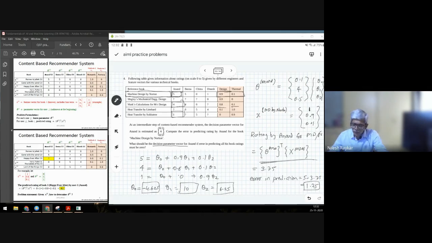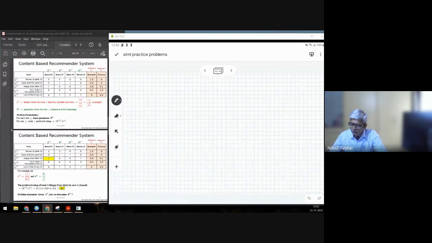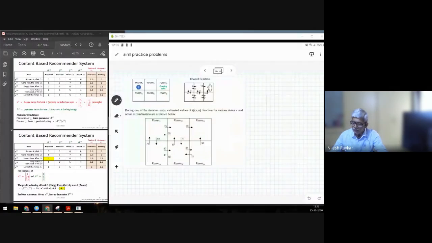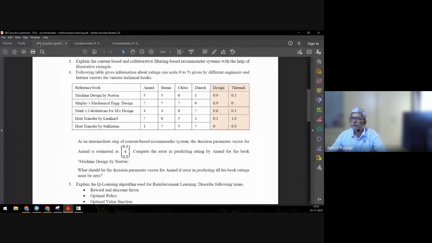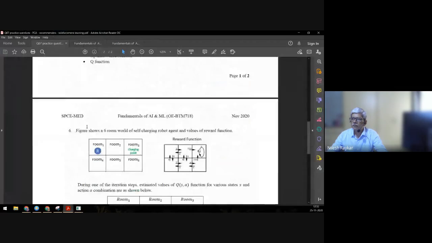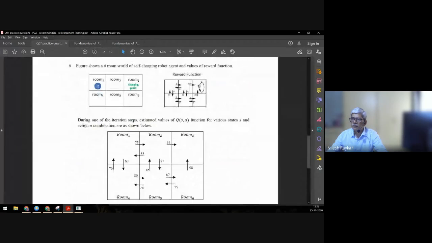Okay, so let's proceed to the second problem. The second problem is on reinforcement learning using the Q function method. Let's read the question. The problem scenario is the same as what we discussed in the classroom.